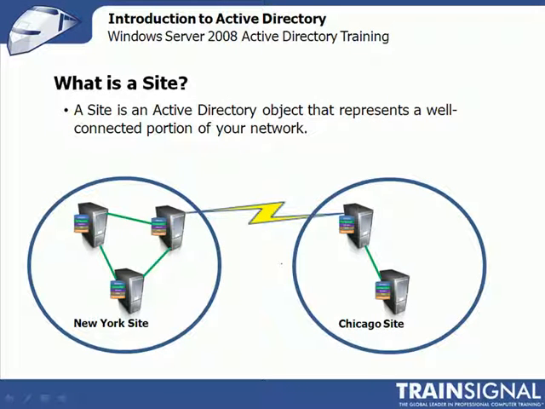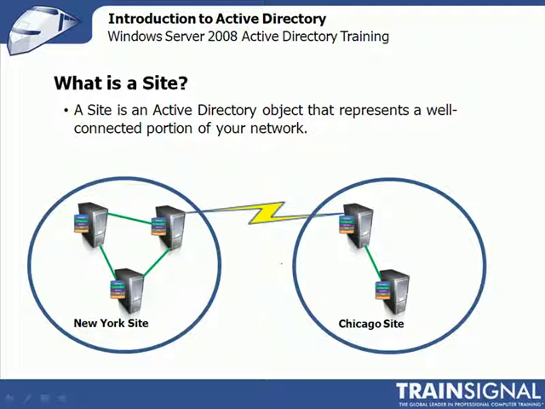Well, speaking of replication, now that I told you don't worry about it, we need to talk about what a site is. A site is an Active Directory object that represents a well-connected portion of your network. If all of the computers are going to be part of a site, and technically, by the way, a site is an object, called a site object within Active Directory, that means that all of those computers are part of a high-speed network connection.